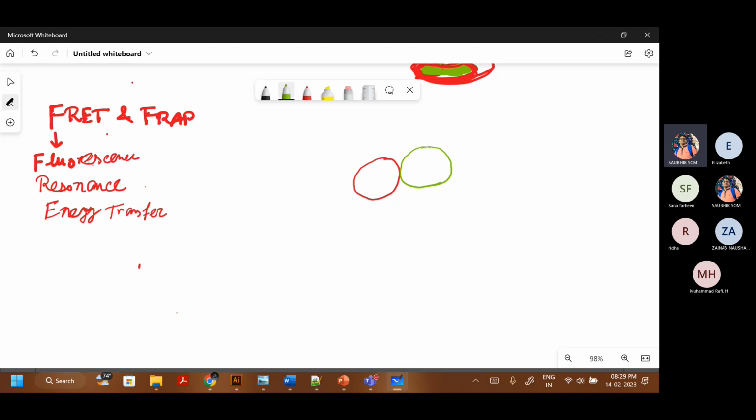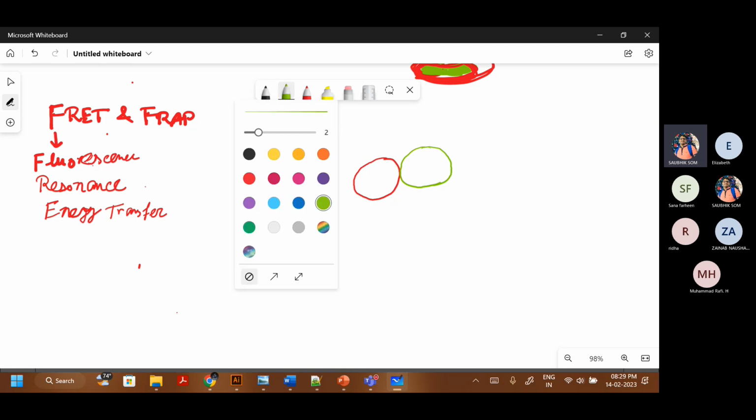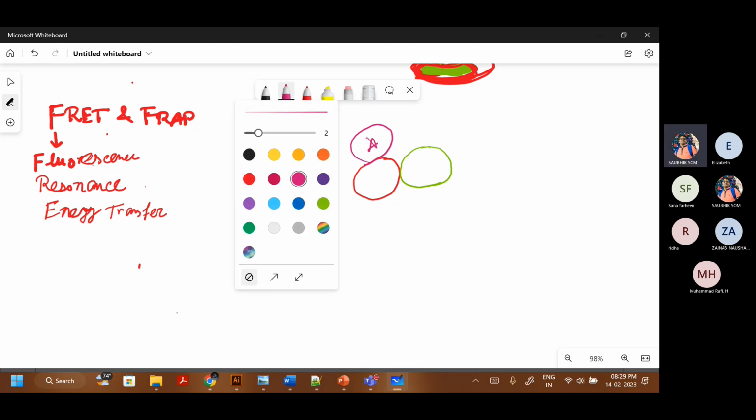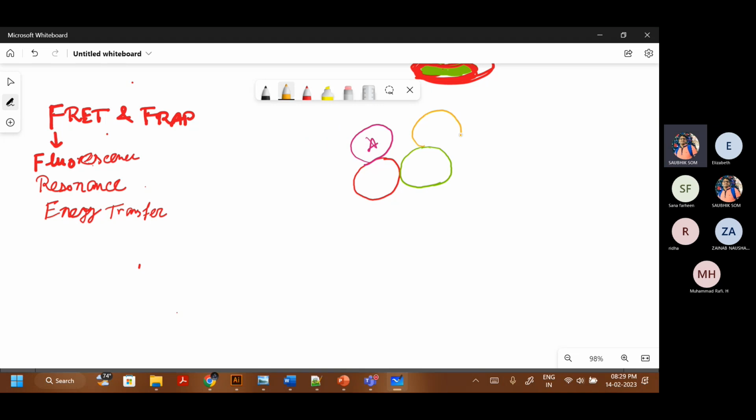Say this is tagged with protein A, and this is tagged with protein B.